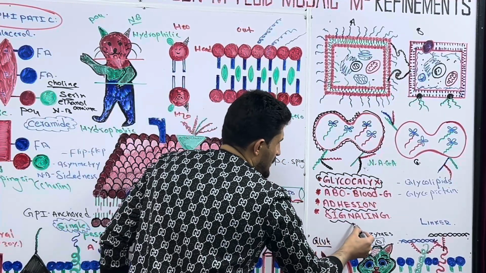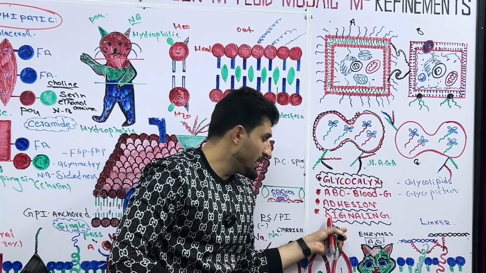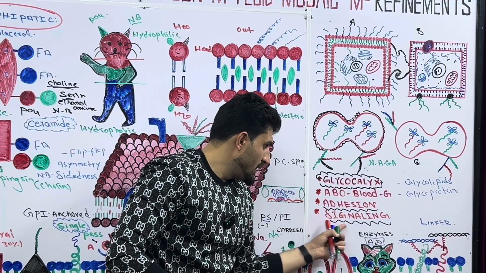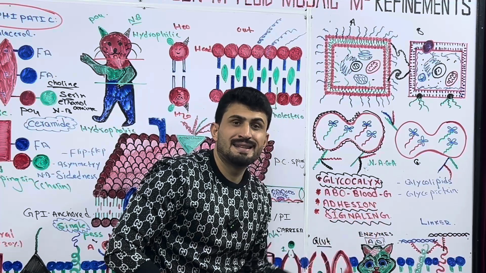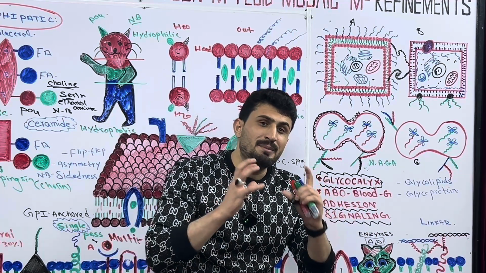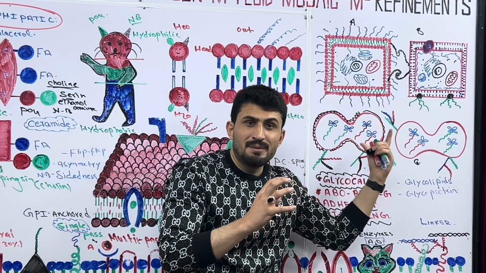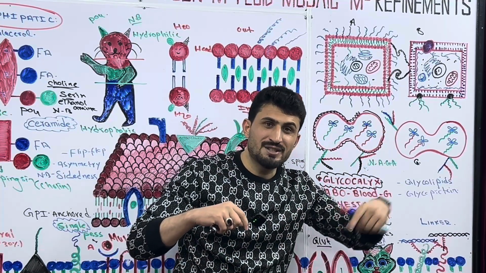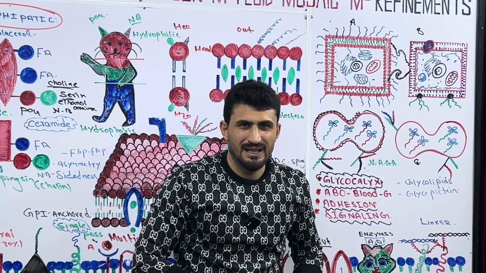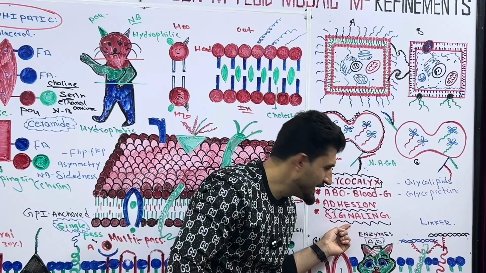Another important function of glycocalyx or carbohydrates is that they have a role in signaling, okay? They produce different signals to our immune system, telling our immune system that this cell belongs to our own body, okay? So that's why it's also very important, okay?